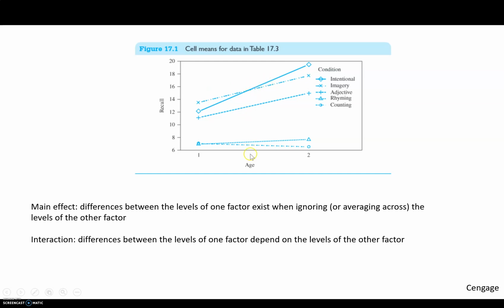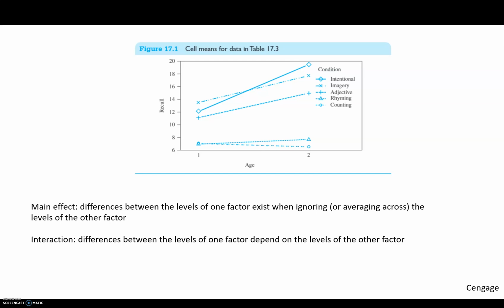There are definitely some differences in recall based on the condition. If you're ignoring age and just averaging across age, then these points land at different points on the y-axis, and so there is an effect of condition on recall as well.